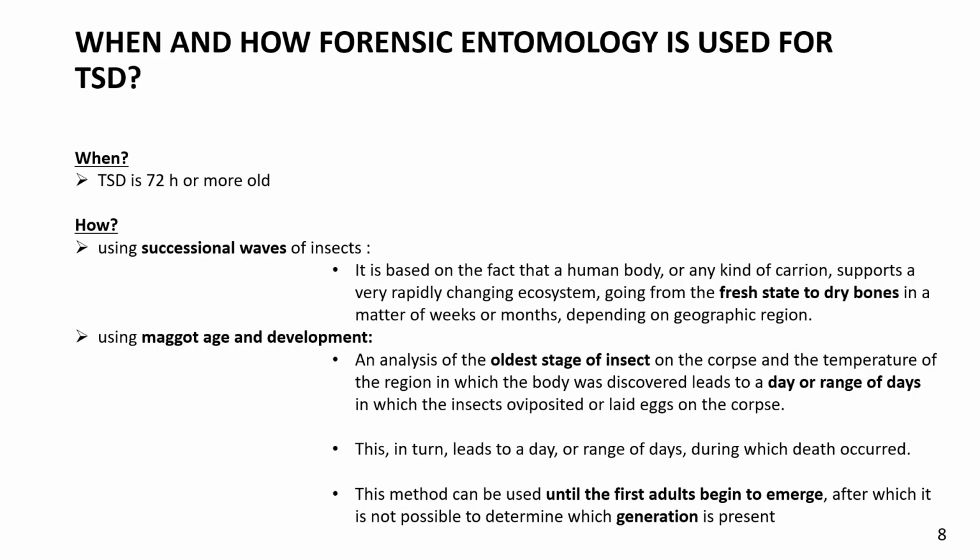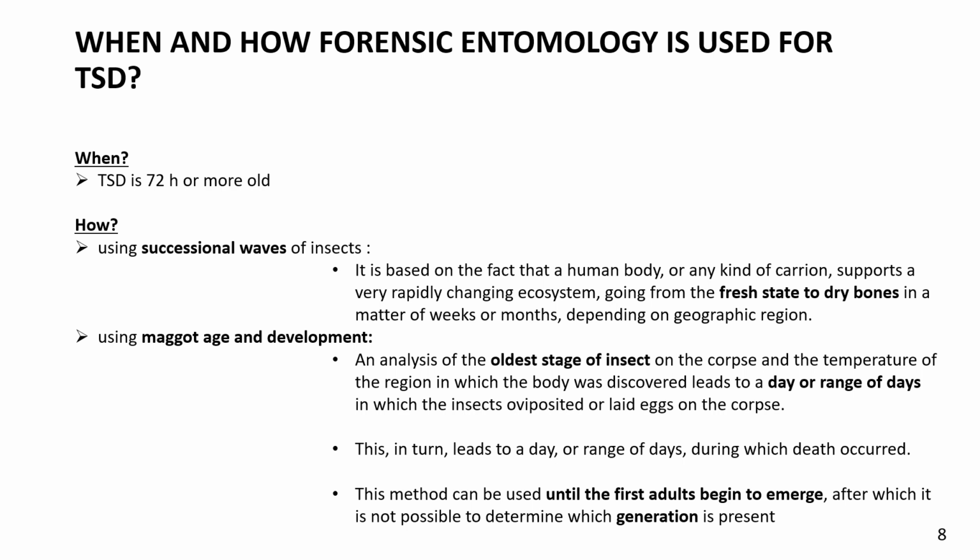So when and how is forensic entomology used for time since death? It is used for determining the time since death when it is 72 hours or more old. Why is it so? This is because beyond approximately 3 days, that is 72 hours, all the known pathological information will remain invalid to estimate accurately the time of death of the individual.